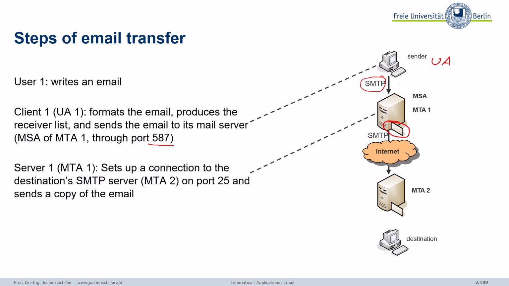And then the next step follows: now this MTA checks. Remember, we have here peanuts.org. And then this MTA has to find out who to connect to. Before you set up this connection, remember DNS, the MX records, the address, and then we know who MTA2 is.